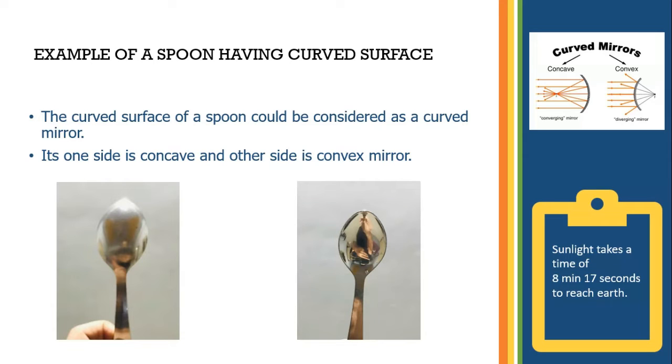From this, one side is concave and the second side is convex. We discussed concave and convex mirrors in 9th standard. So now I will put this on you: which side of the spoon is a concave mirror and which side is a convex mirror? Just think about it.